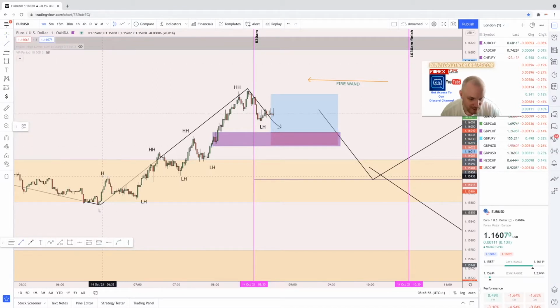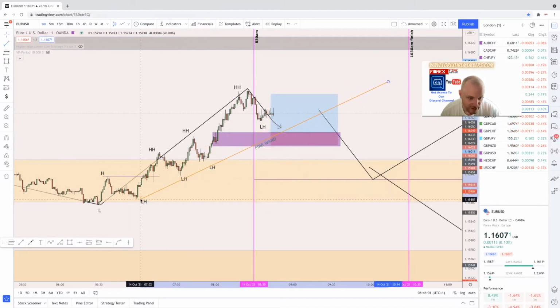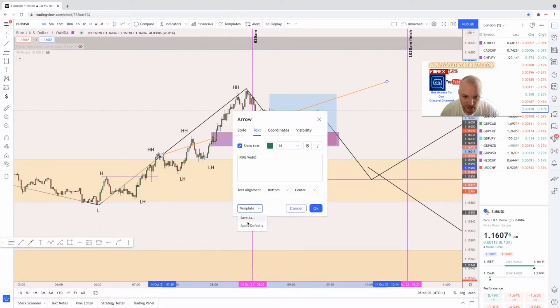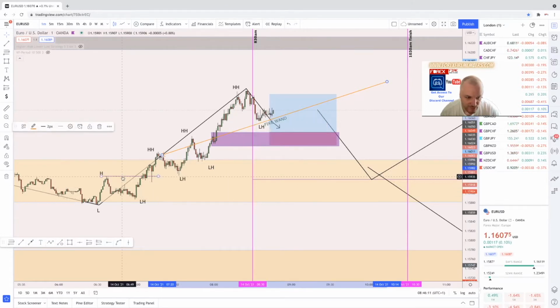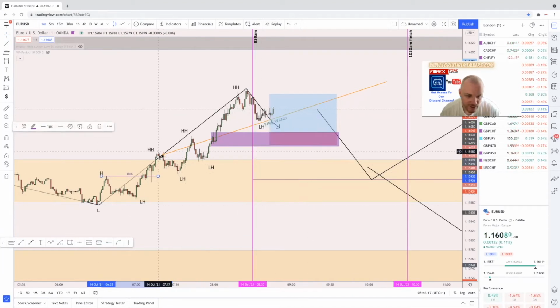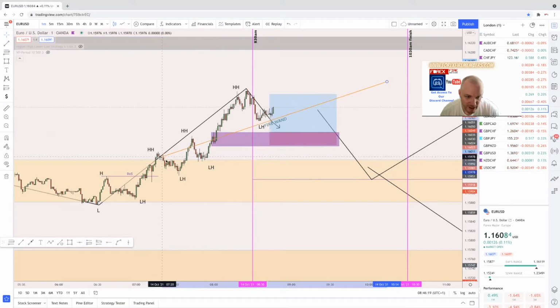Right, so as we've come up, okay, you've got your high. You can see high, you've come down to make a lower high, you've got a higher high. So this now becomes our break of structure. So then what happens is your higher high, lower high, higher high.